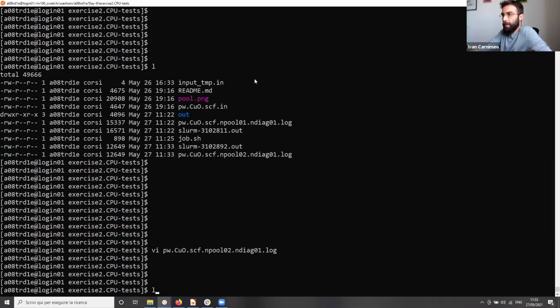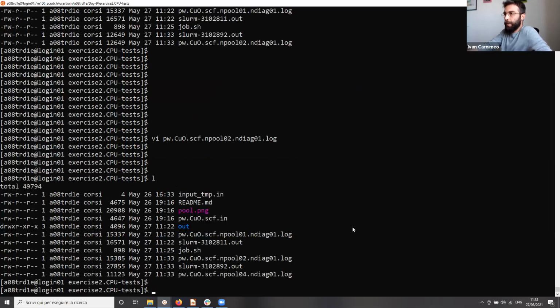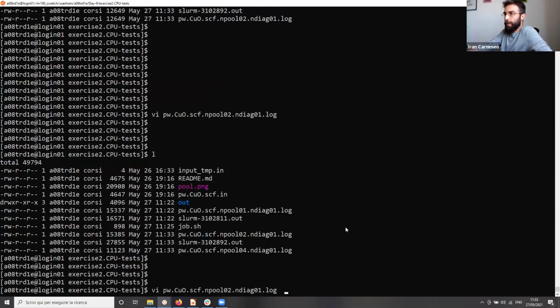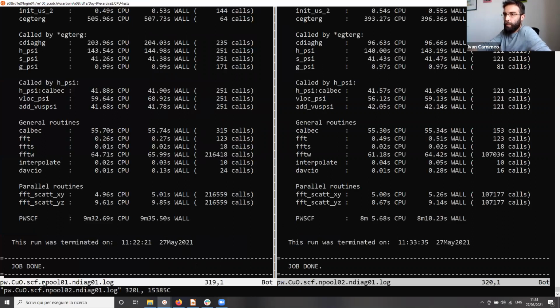Now, for example, I can compare M-pool 2 with M-pool 1. And we see that it was 9 minutes 35 with 1 pool and 8 minutes 10 with 2 pools.